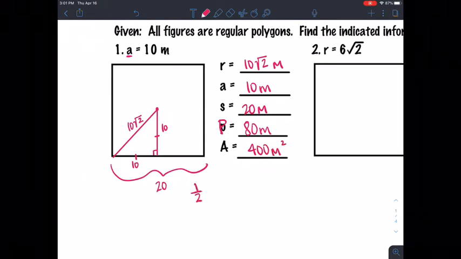But if I do 1/2 apothem times perimeter, my apothem is 10, my perimeter is 80, and so that becomes 1/2 of 800, which gets me that same answer of 400 for my area.